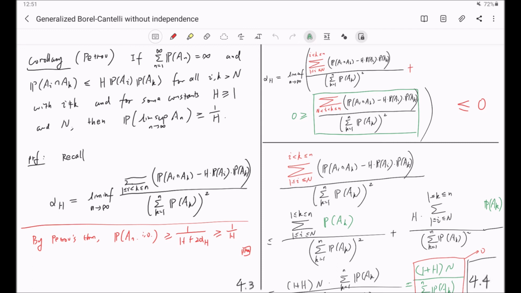In particular, if the sequence of events are pairwise independent, then we can take this h to be 1 and get the equality for all i and k. And it follows from this corollary that the probability of An happening infinitely often is equal to 1 over 1, which is 1. So this corollary, due to Petrov, is really a generalized Borel Cantelli lemma.